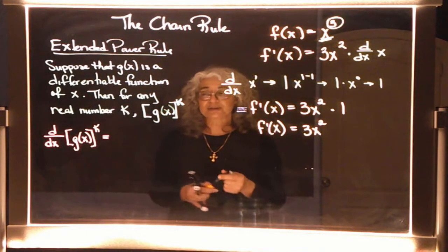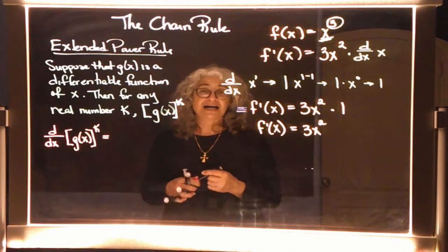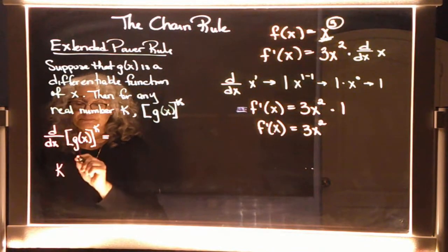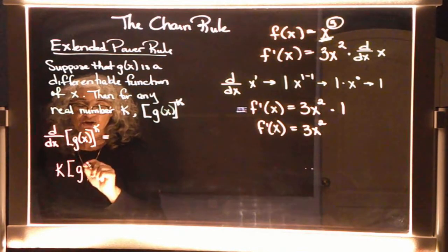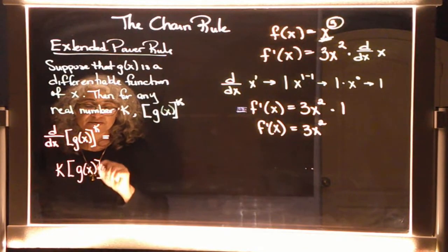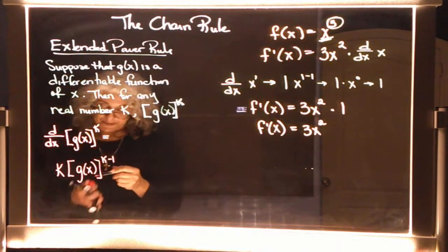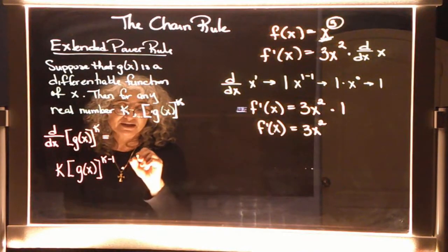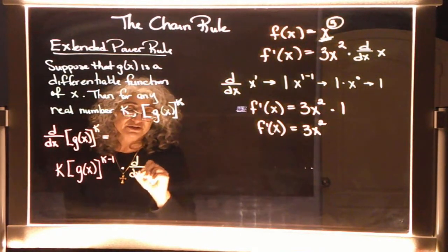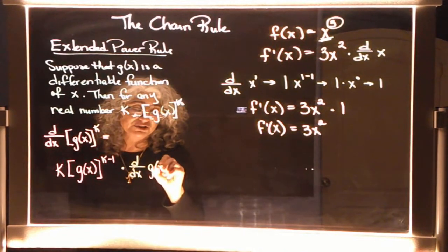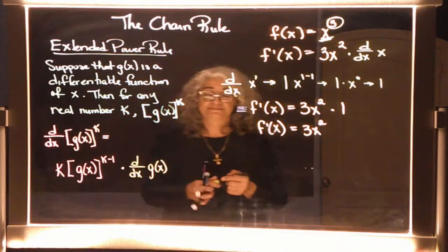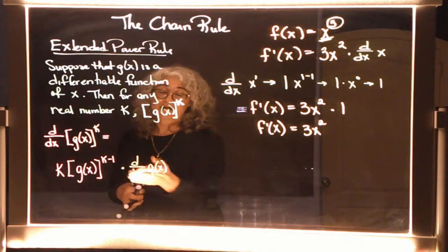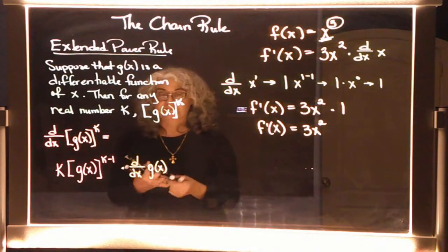To find the derivative of this, I am going to bring the power down, reduce the power by 1, but then I am going to multiply this by the derivative of the function itself.